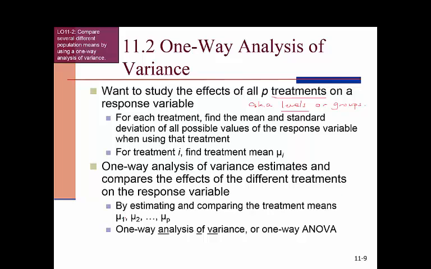And it does a hypothesis test on mu1, mu2, mu3, mu4, depending on how many different groups there are, levels, that many different mu's. Okay. And then we do a one-way analysis of variance, ANOVA. That's why it's called ANOVA.